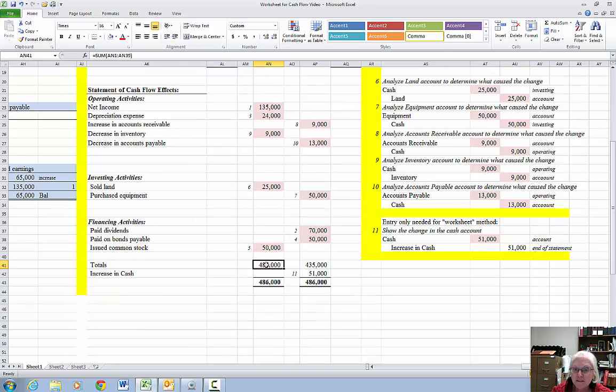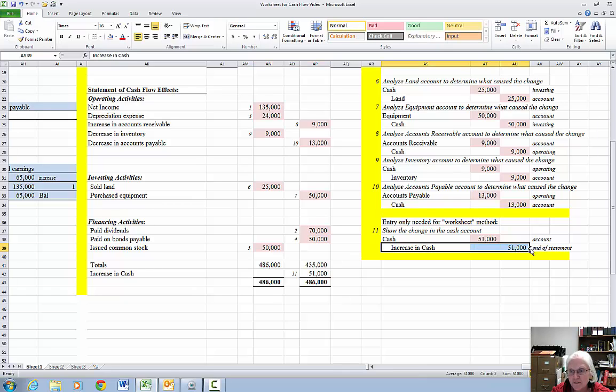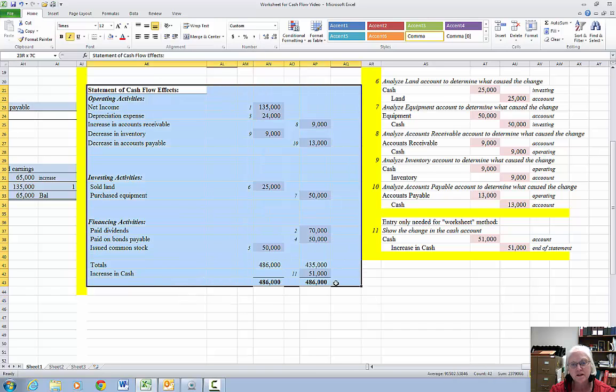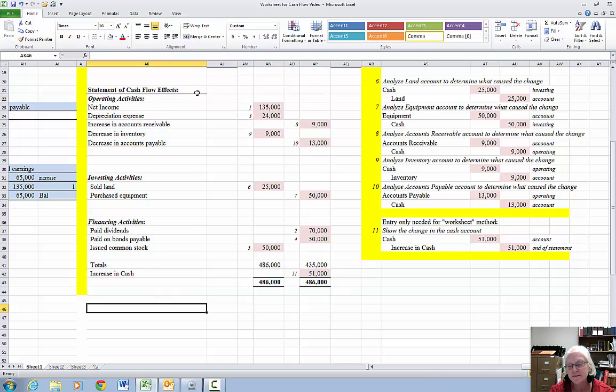And to get the totals to match, I have to record the increase in cash as a credit to the statement right here. And now totals in both columns will equal $486. And again, you have your draft cash flow statement right there, and you're ready to go make it look nice and neat and permanent, and you're good to go.